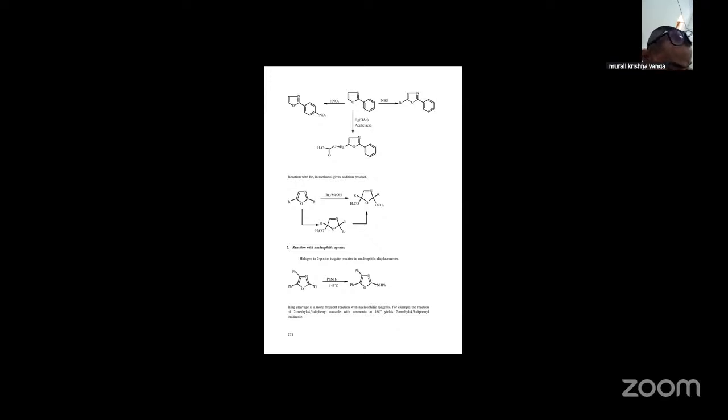Here, 2-methyl-4,5-diphenyloxazole reacting with amine then forms 2-methyl-4,5-diphenylimidazole product. That means oxazole to imidazole formation.